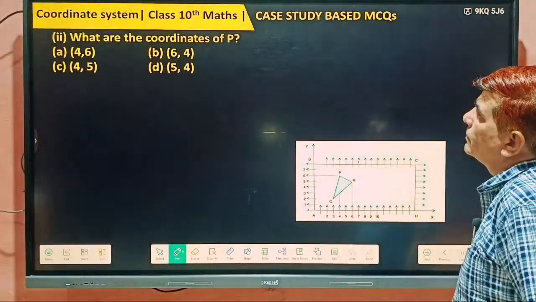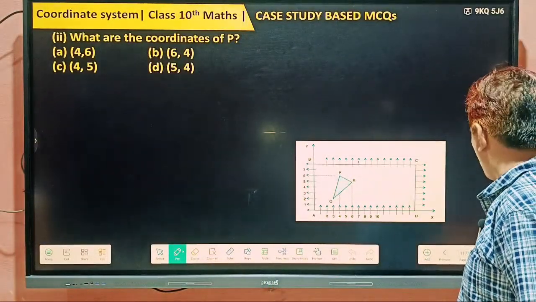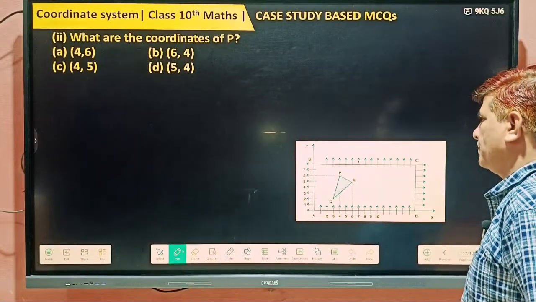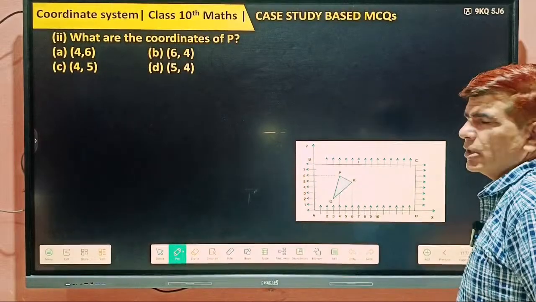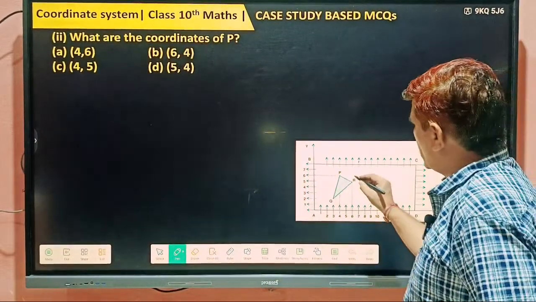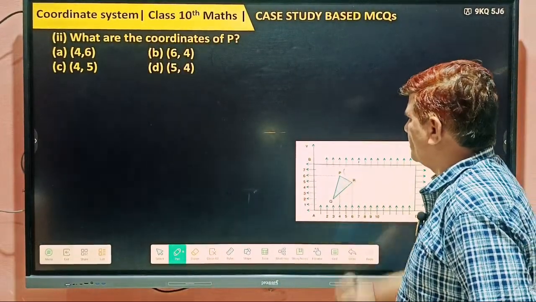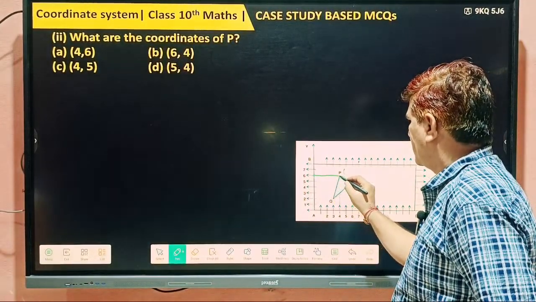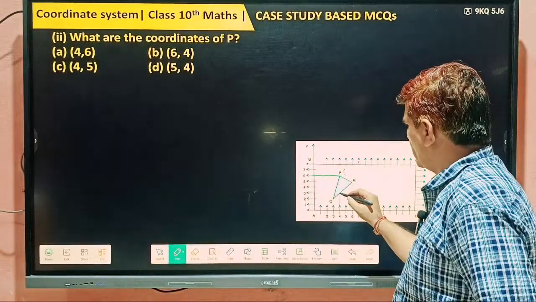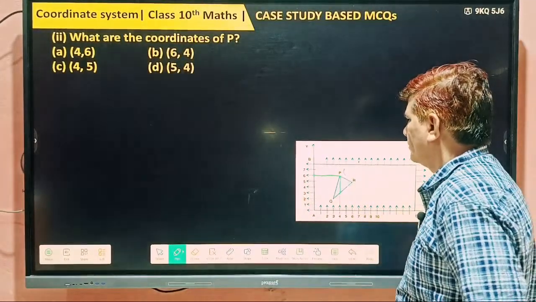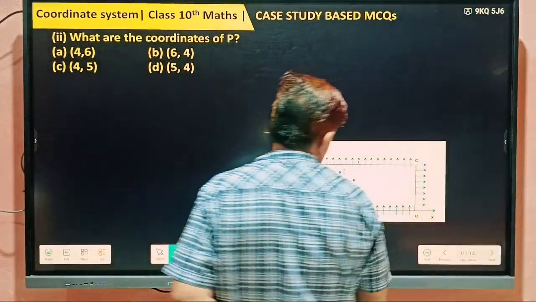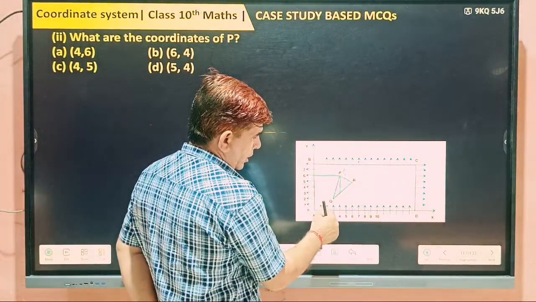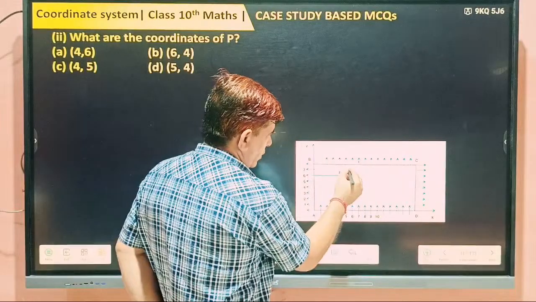Next. What are the coordinates of point P? That also you can easily say. These are the coordinates of point P. One is this, another is this. How much distance from the y-axis? 1 unit, 2 units, 3 units, 4 units. So this coordinate is 4.